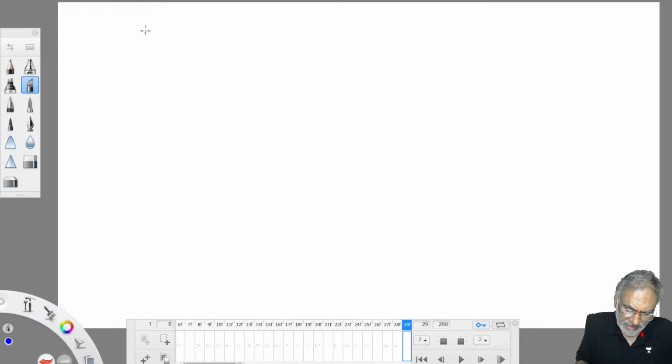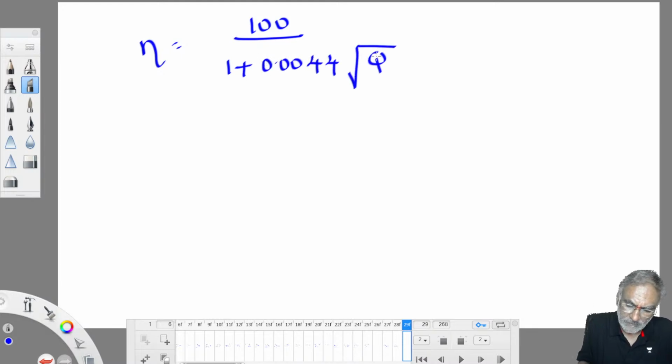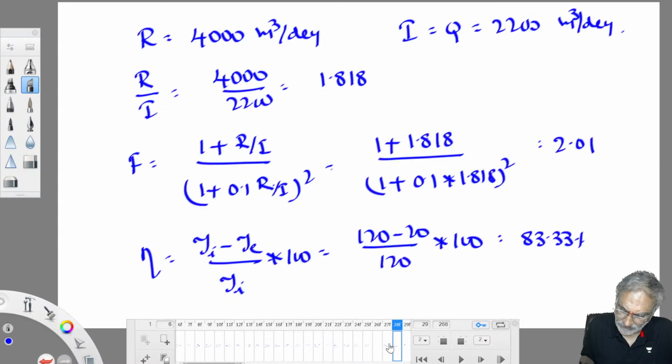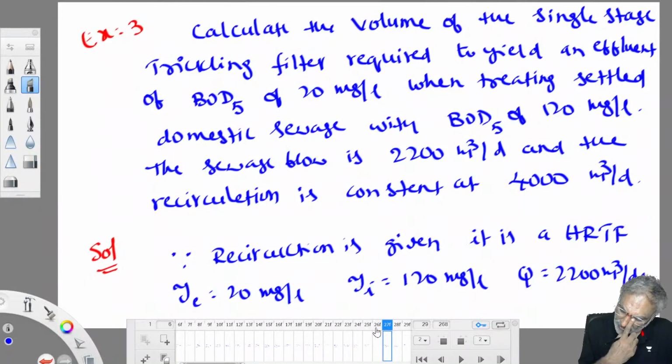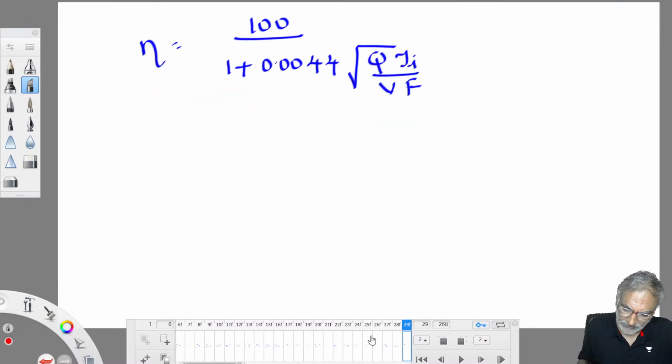But efficiency is equal to V into F. What have been asked to find out? Volume of trickling filter. Just volume. Okay, so this volume we require. So Q into Yi. I'll substitute Q 2.2 MLD into Yi is 120.